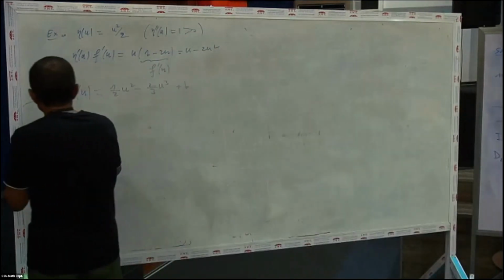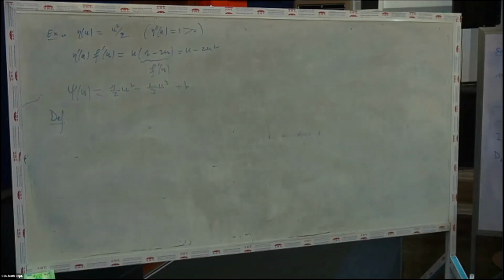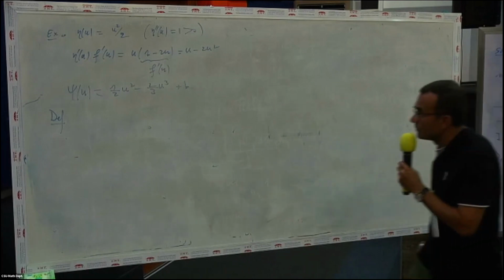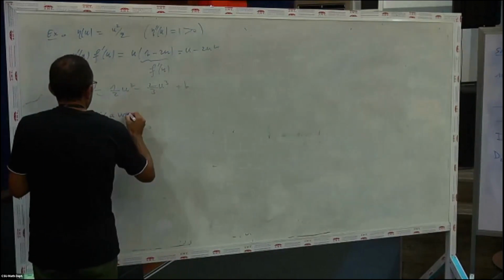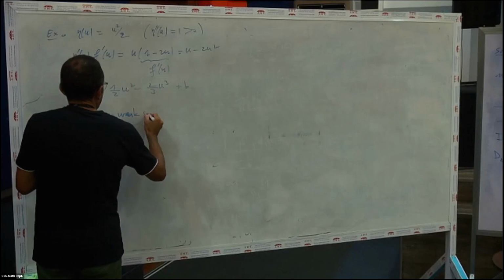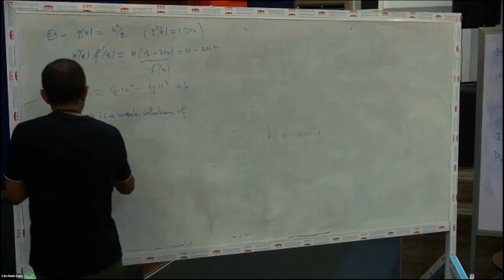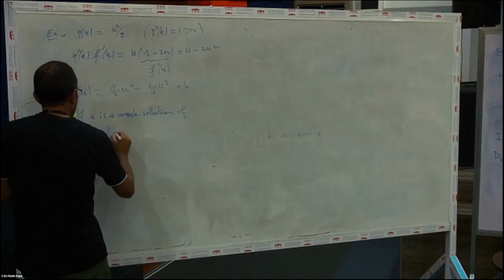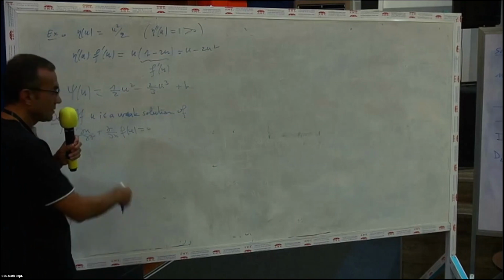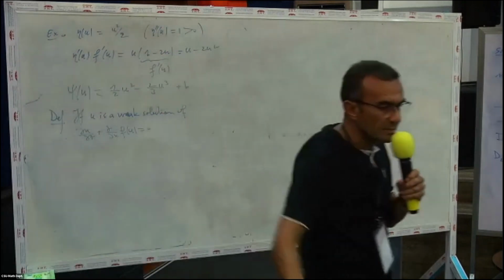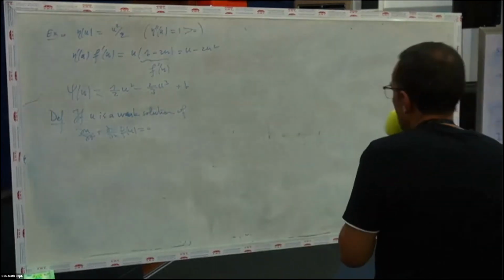So now, the definition. If u is a weak solution of the equation u_t + f(u)_x equals 0, that means, remember, the weak formulation with the integral multiplied by phi. Imagine that, like before, we have many weak solutions.